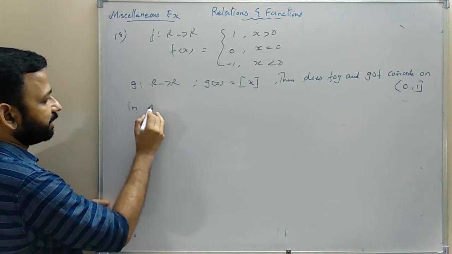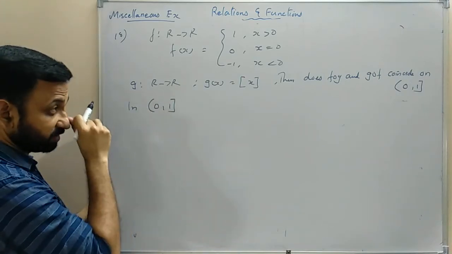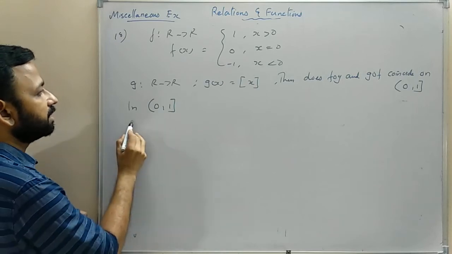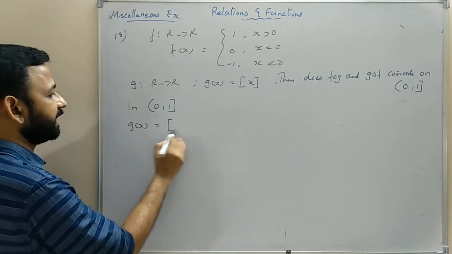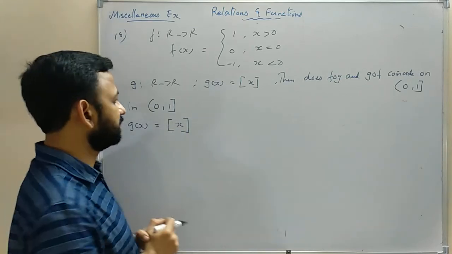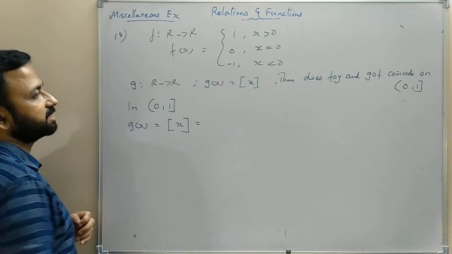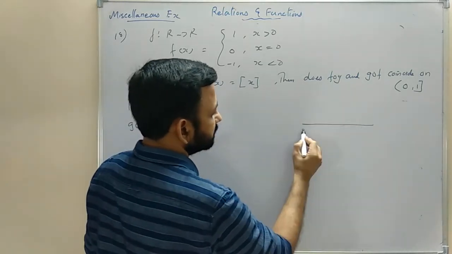So in (0, 1], g(x) equals the greatest integer less than or equal to x.